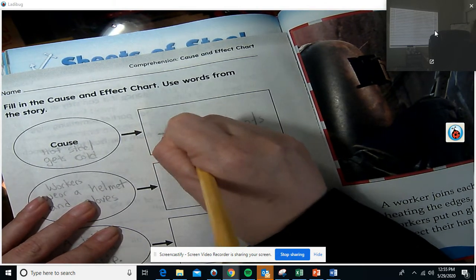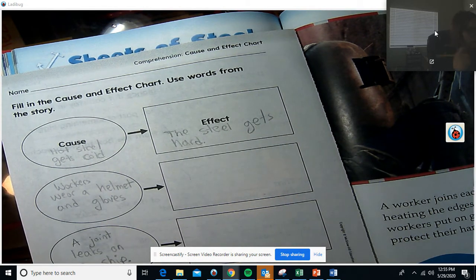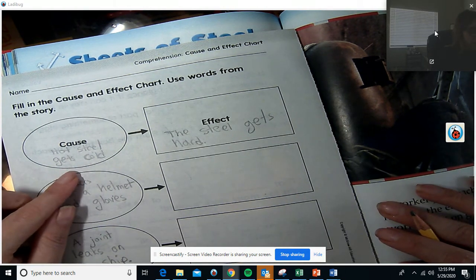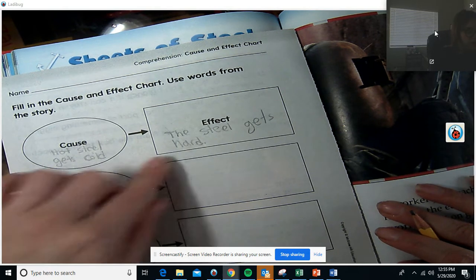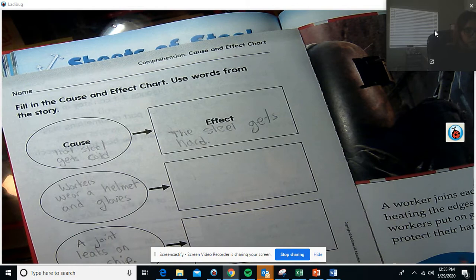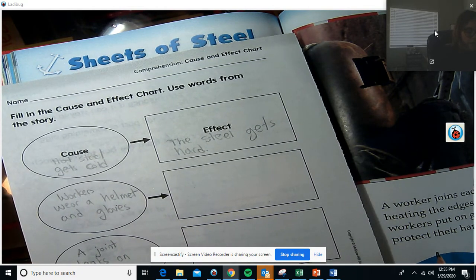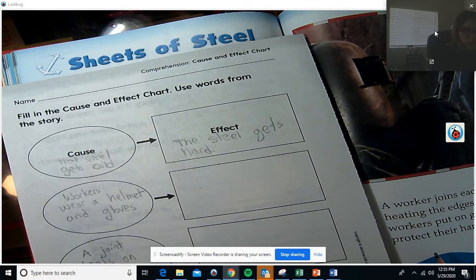And remember, we're talking about metal, like steel. So the cause is hot steel gets cold, the effect is the steel gets hard. So they melt it to form different parts of the ship, and when it gets cold, it gets hard again.